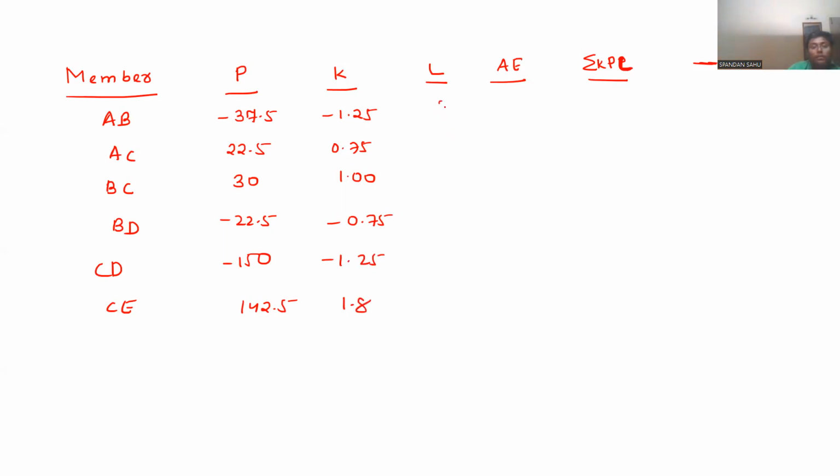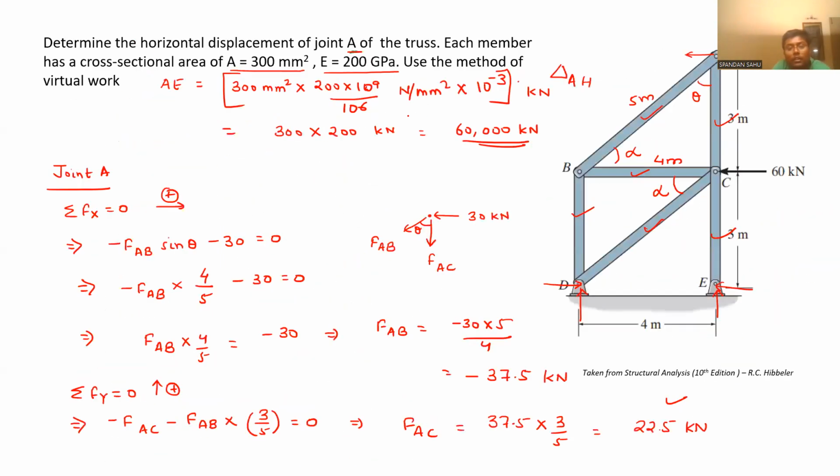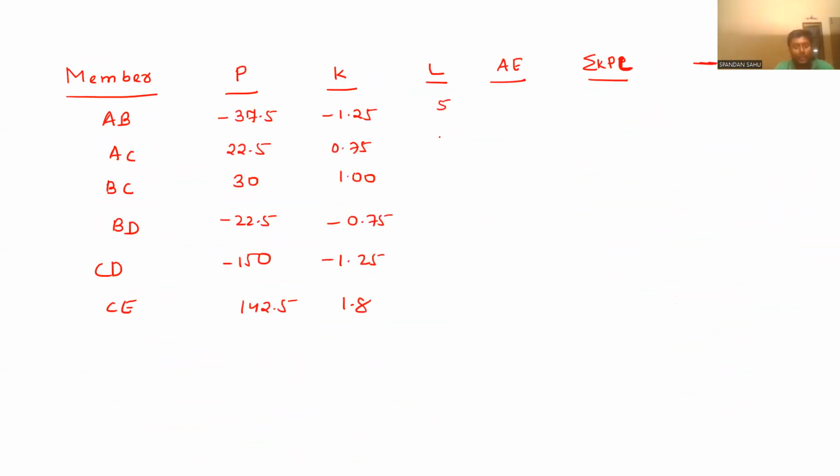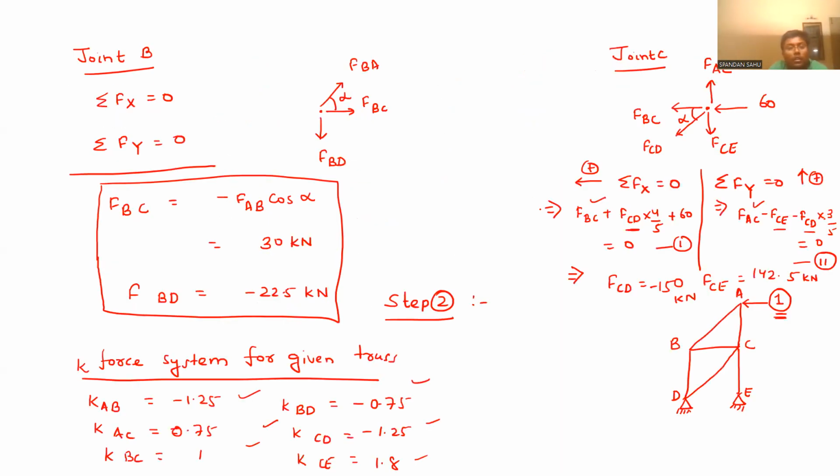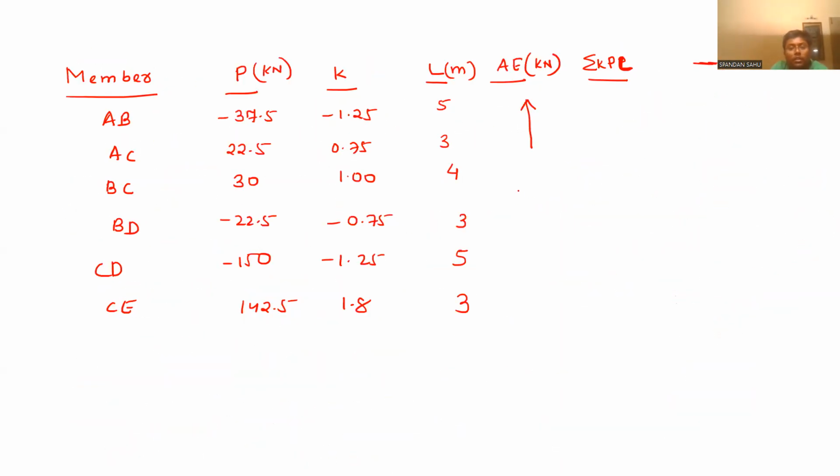The length for AB is 5 meter, AC is 3 meter, BC is 4 meter, lengths are in meter, E is in kilonewton per square meter, AE would be kilonewton. BD is 3 meter, CD is 5 meter, and CE is 3 meter, and AE is 60,000 kilonewton.